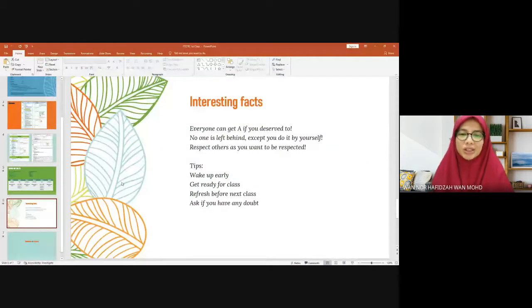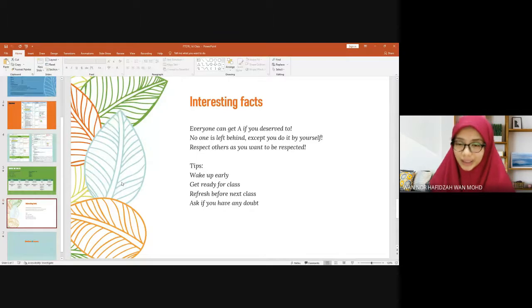So, interesting facts about ITT270. Everyone can get an A if you deserve it. No one is left behind unless you leave yourself behind. And respect others as you want to be respected. It means if class starts at 8, then we are ready at 8.